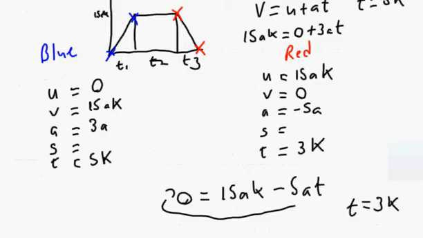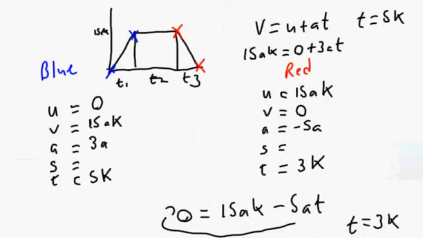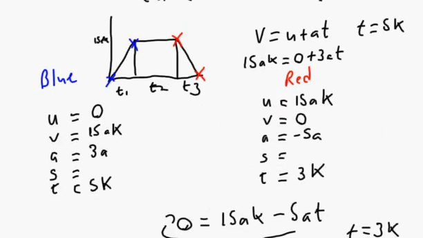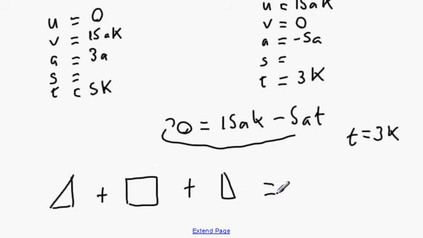Does anybody remember the total distance? It's the area underneath the graph, isn't it? So it's basically triangle plus rectangle plus other triangle, and that's all going to be equal to, what's the distance? 98k squared.